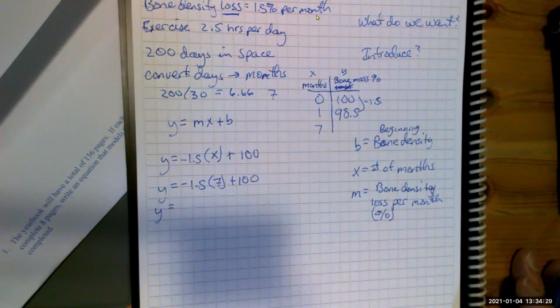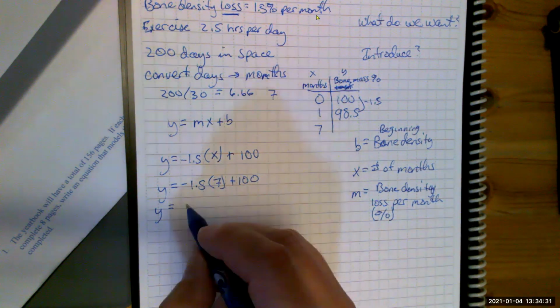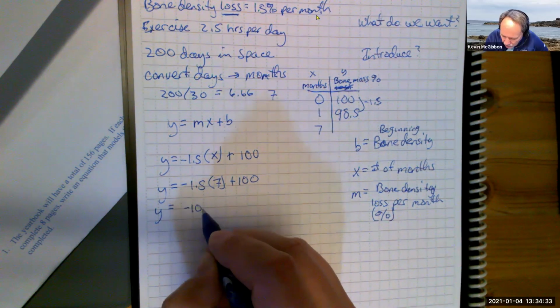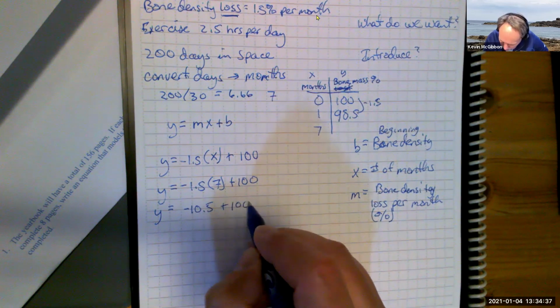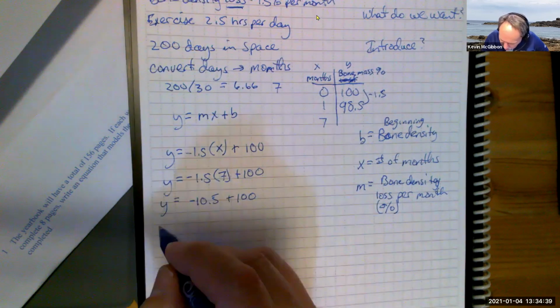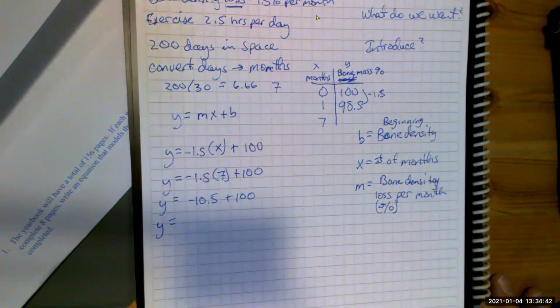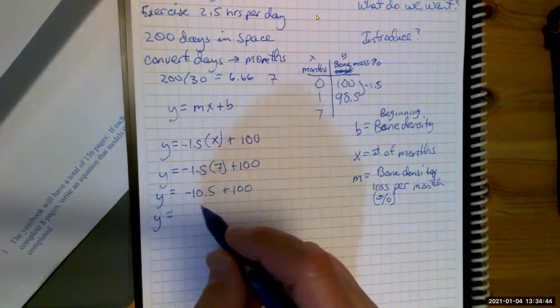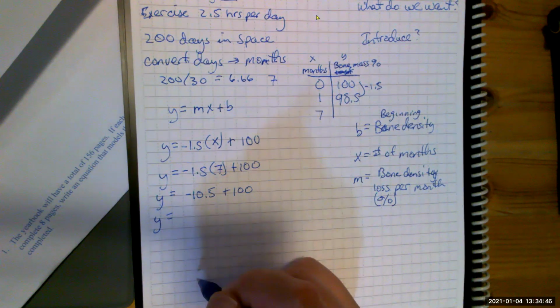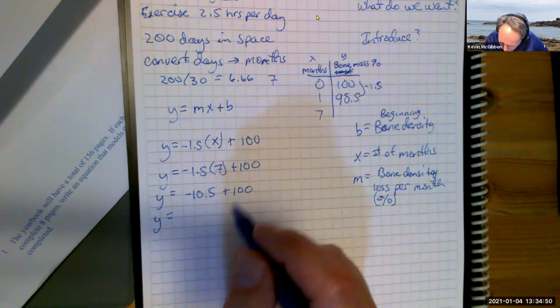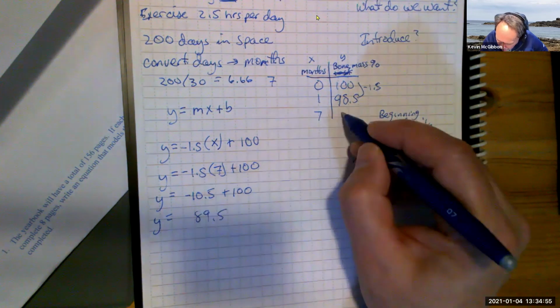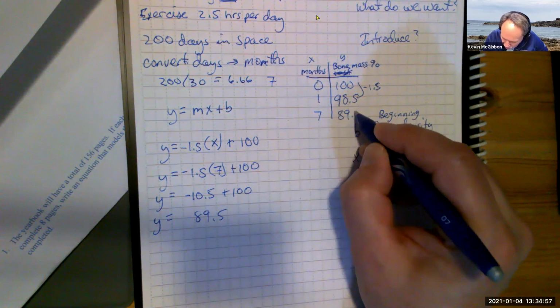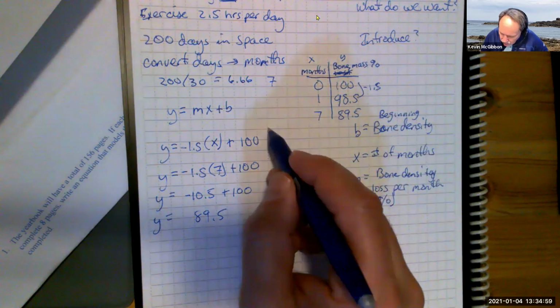Negative 10.5, thank you. Plus 100, and what's that going to come out to? I think I know, but why don't you guys confirm it for me? Wouldn't that just be 89.5? All right, that sounds about right to me. So for 7, we got 89.5. So there is our equation.